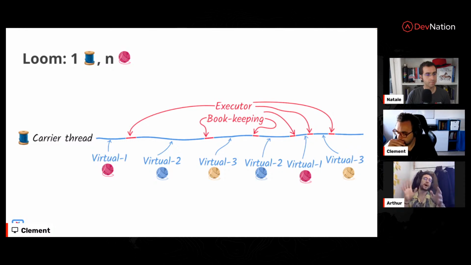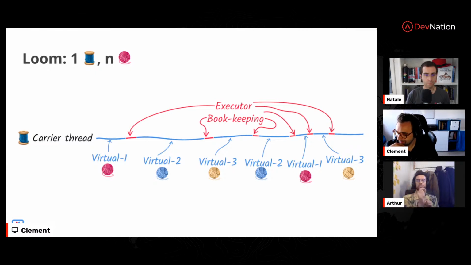So this is basically what's going to happen with the virtual threads of Loom, right? You will have this thing called the carrier thread, which is the good old OS thread. And on top of it are going to be mounted virtual threads. So as you can see, you have 3 of them on this figure.